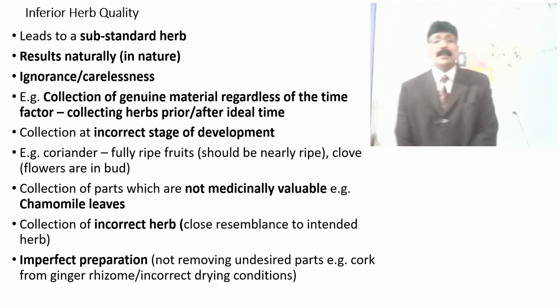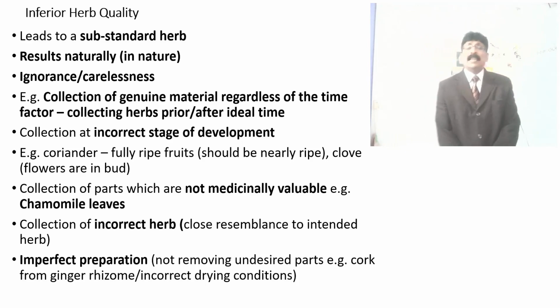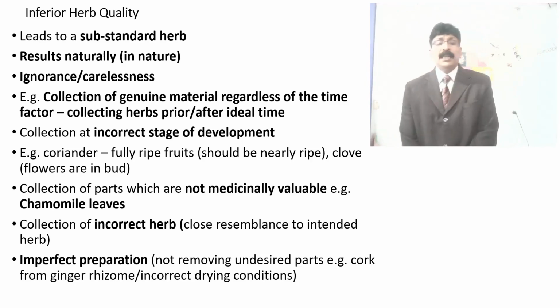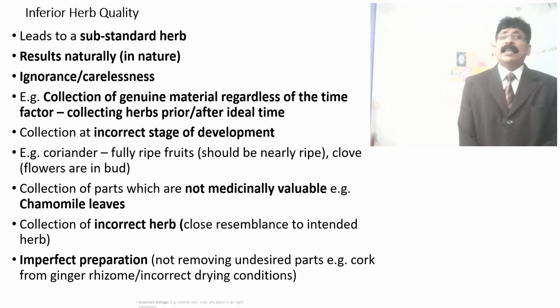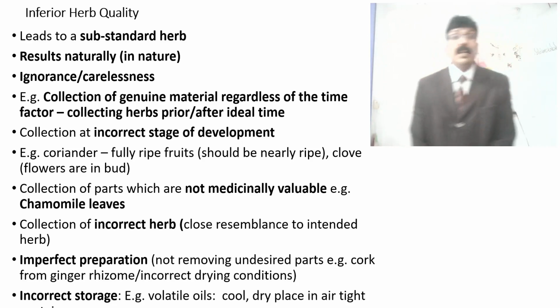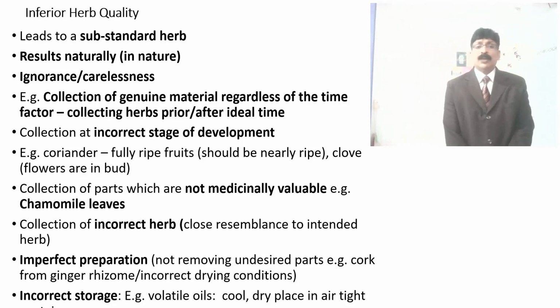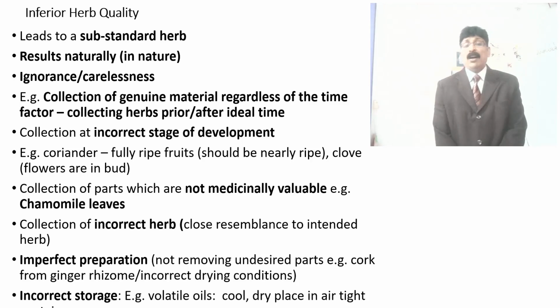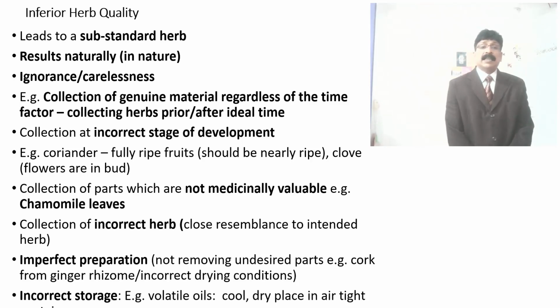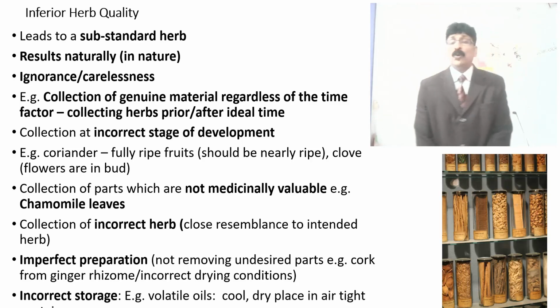Imperfect preparation, not removing undesirable part which is already present, like cork with the ginger rhizome, incorrect drying condition, these all are inferior herb quality. And incorrect storage: volatile oils should be kept in a cool, dry place in an airtight container. So that is also one type of concept.